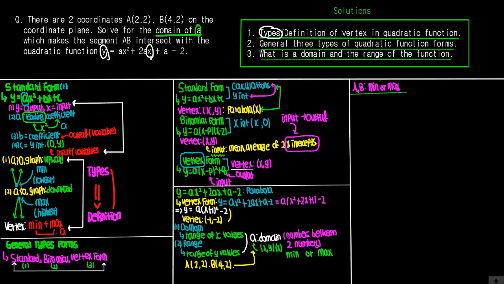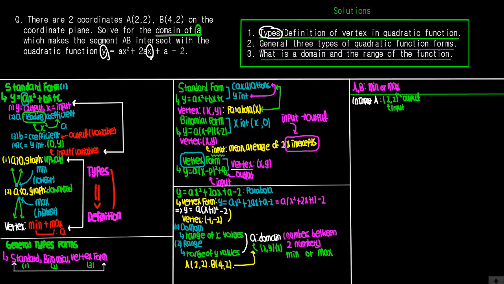So let's make a line to be clear about this. First case, we input the A value. We know that the coordinate of A is 2, 2, which means when our input x equals 2, our output of the function, which we notate as the y value, should always be 2.